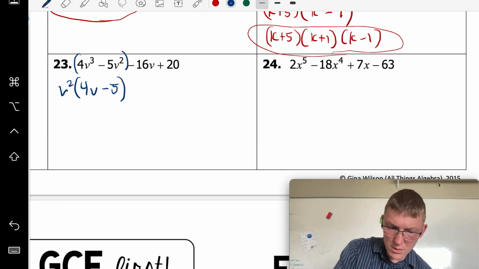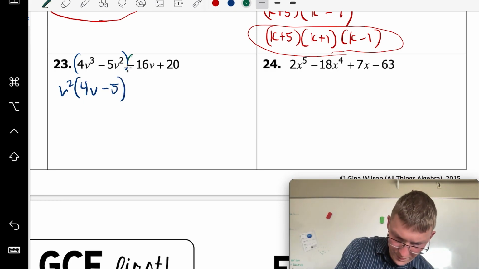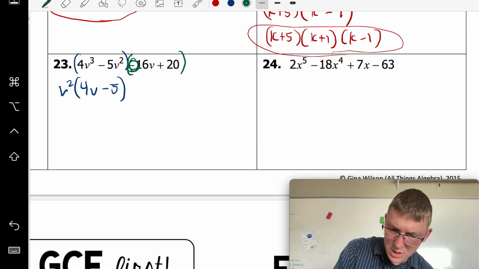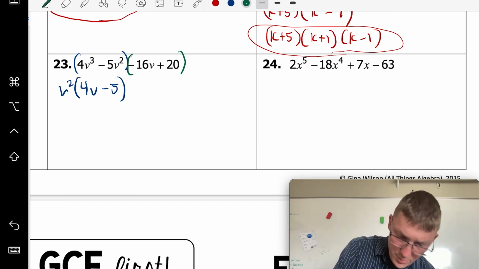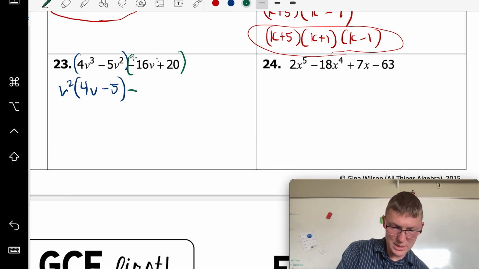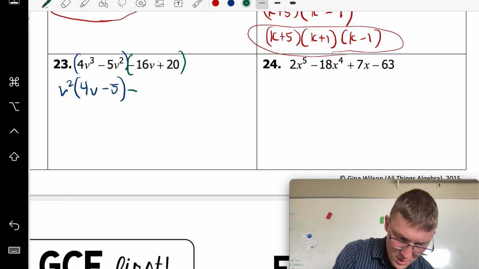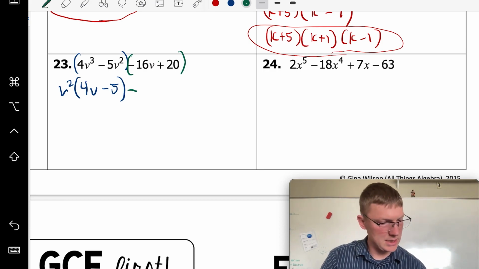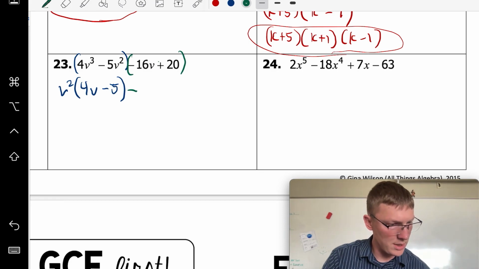So then here, our second group, our minus sign is in the wrong spot and the numbers don't match. So we need to pull out a negative sign, and that's going to switch these two signs, which will help us out. And then we need that 16 to be a 4, so I think if we pull out a 4, right?